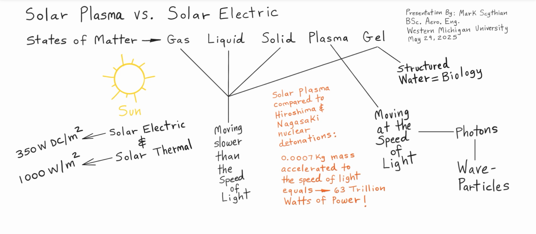But the thing is, is it easily accessible, and can we make it safely with minimal risk and cost? And the answer is, well, if the infrastructure was set up accordingly, we could work on the research to convert sunlight into plasma, because just 0.7 grams of mass accelerated to the speed of light will yield 63 trillion watts of power.